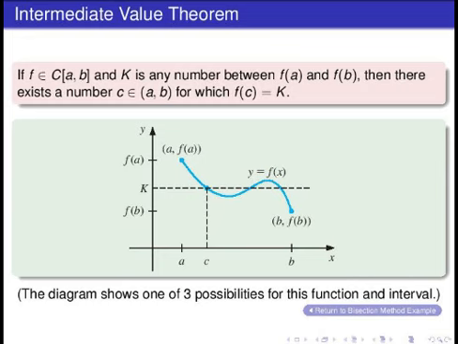So c is the intermediate point on the x-axis, for which f of c equals k. The image of c is k, and k lies between f of a and f of b. That is the intermediate value theorem.